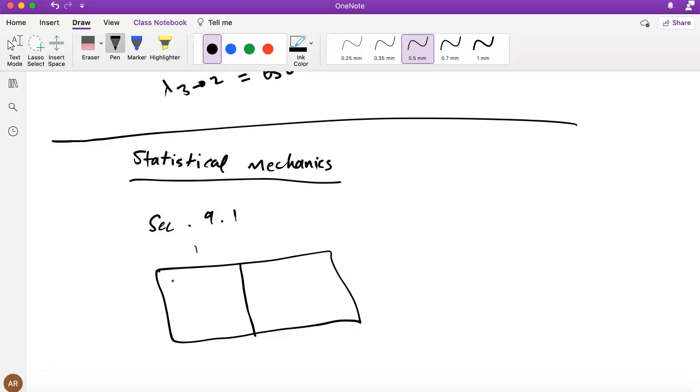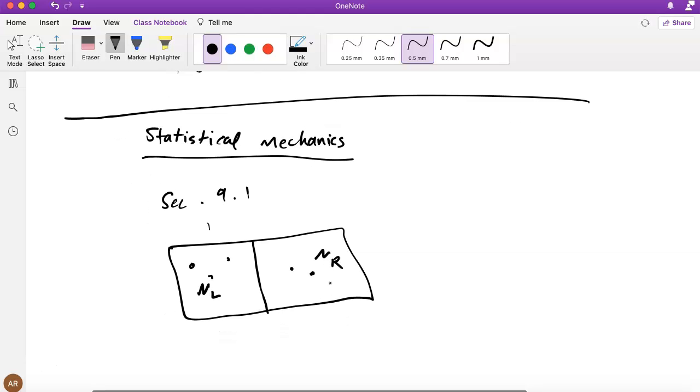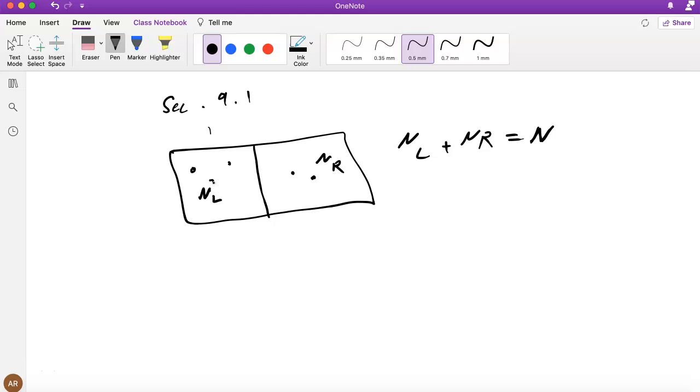And let's think about the number of ways of putting a certain number of particles in this room such that you have, let's say, n left particles here and you have n right particles there on the right hand side, right? So n left plus n right is equal to n.